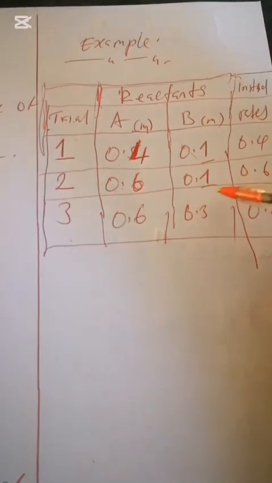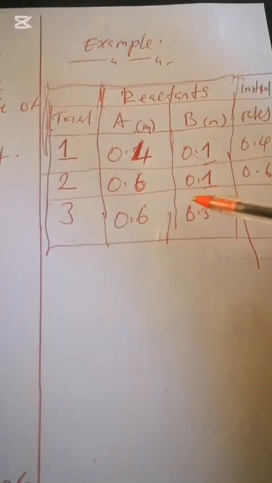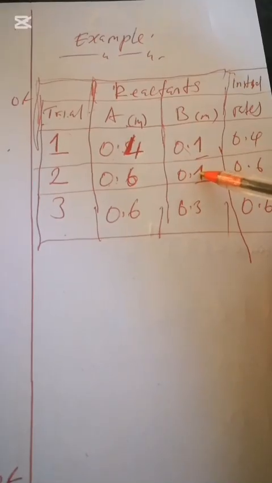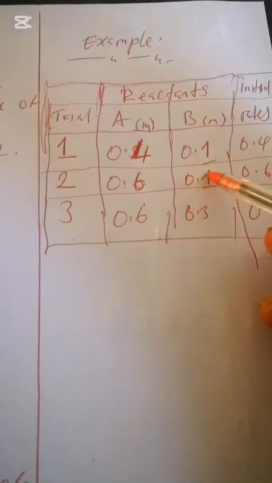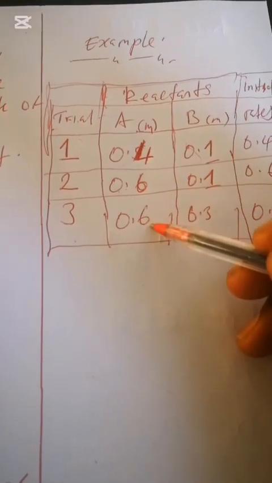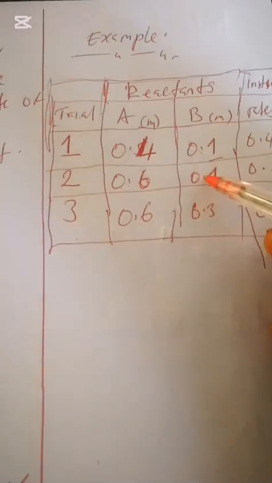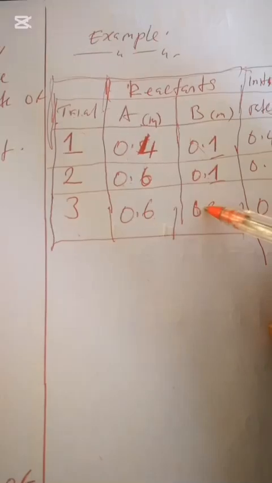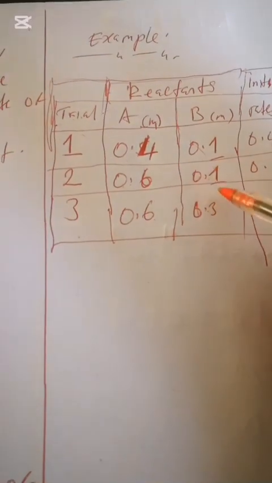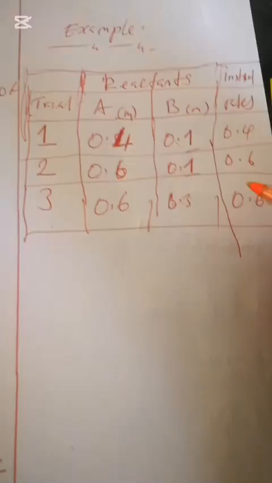Now, they maintained the concentration of A, which is 0.1. Then they increased the concentration of B from 0.1 to 0.3. What happened?